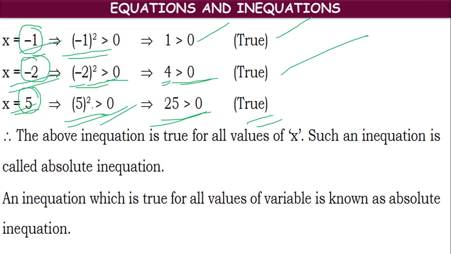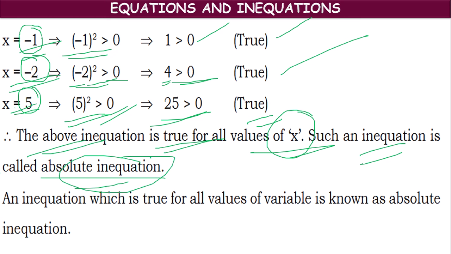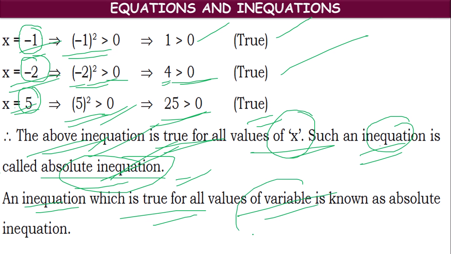So like this, if the inequation is true for all values of x, then such an inequation is called an absolute inequation. The inequation which is true for all values of the variable is known as an absolute inequation.